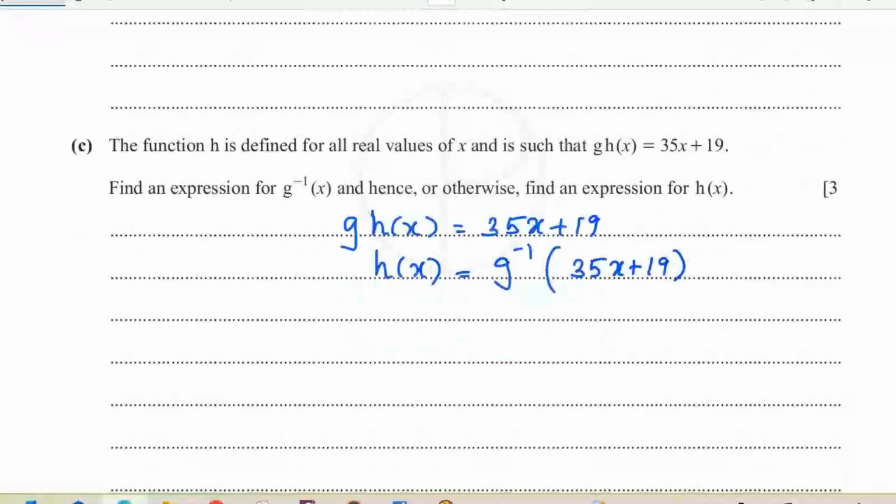So first let's find out what g inverse is. We know g of x is 5x minus 1. So let's take this as y. y is equal to 5x minus 1. Now exchange the variables, so you get x equal to 5y minus 1. Now make y the subject.